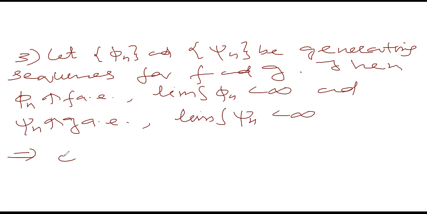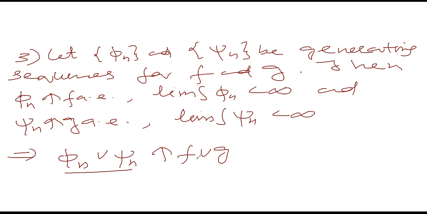This implies, let's take the join now. Let's take the join of phi n and psi n. This will increase to f join g. So this join of step functions is again a step function. Therefore phi n join psi n is a sequence of step functions, and it increases to f join g.